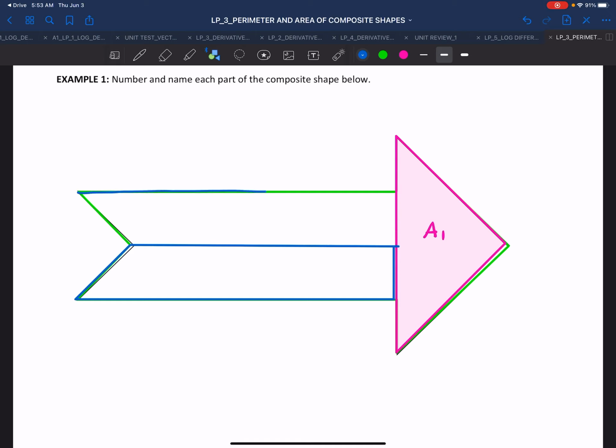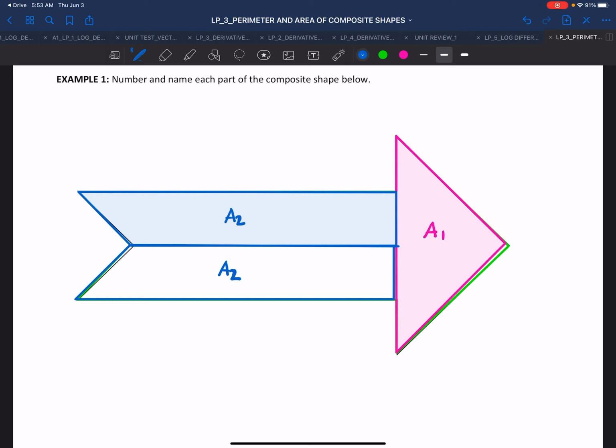And now we'll highlight the second one. As you can see, these two trapezoids are of the same size. So therefore, we can use the same symbol to describe them. So A2 in this case.